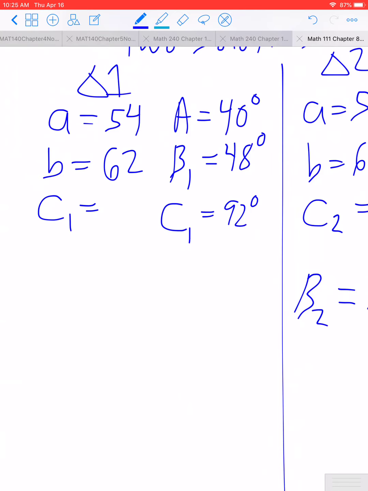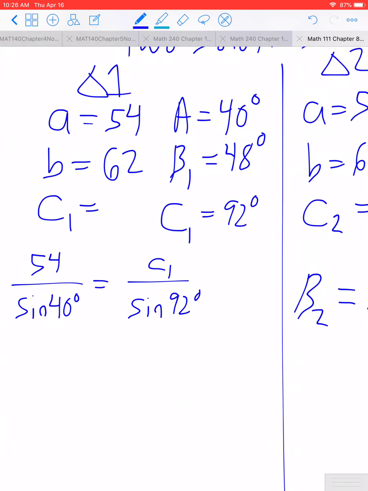We have 54 divided by the sine of 40 degrees is going to be equal to side C1 divided by the sine of 92.